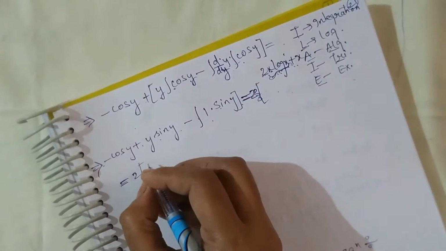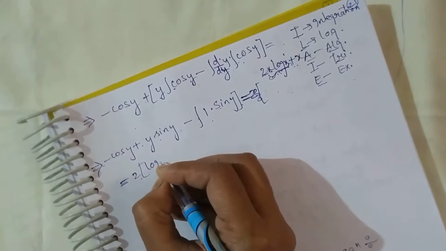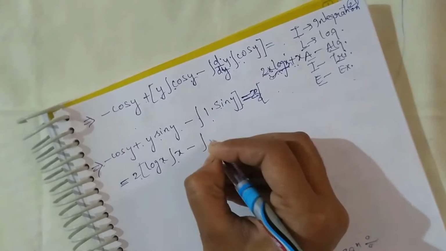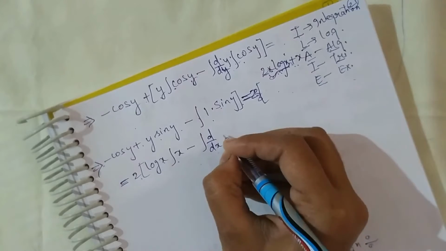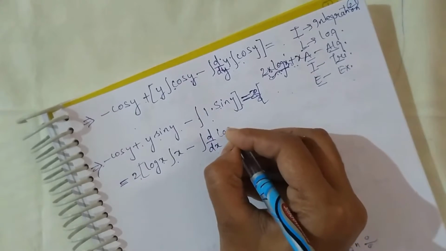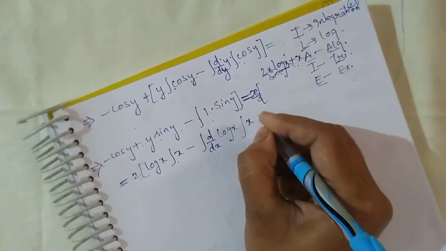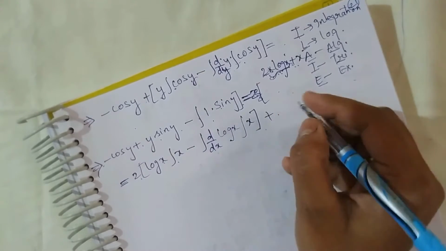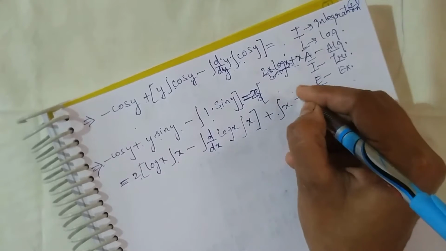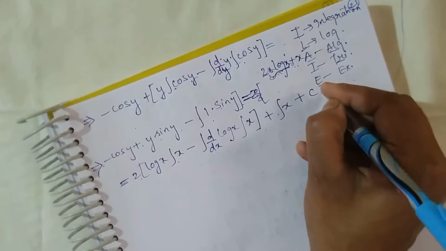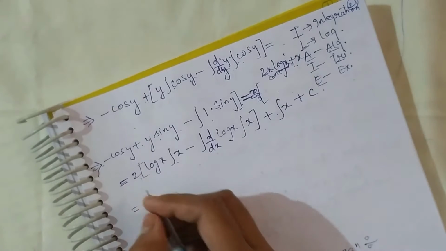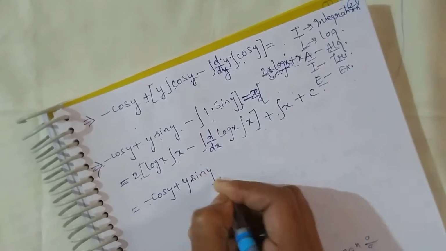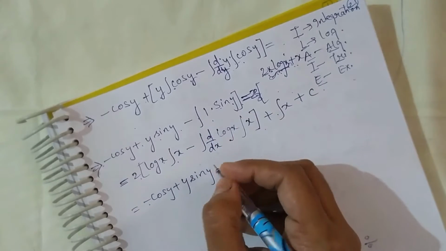So log x is our first function: log x times the integration of x, minus the integration of d by dx of the first function times the integration of the second function, plus the integration of x, plus c, equals minus cos y plus y sin y. On integrating sin y we get plus cos y.